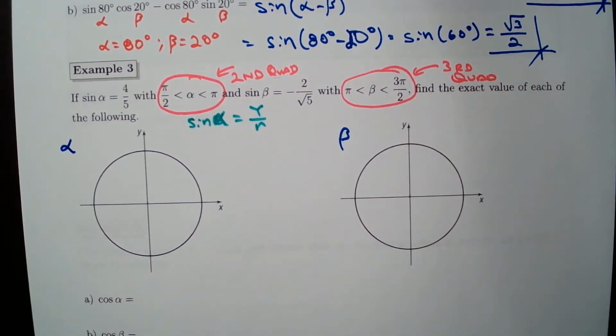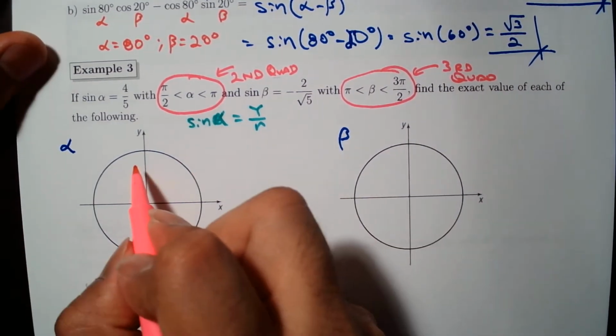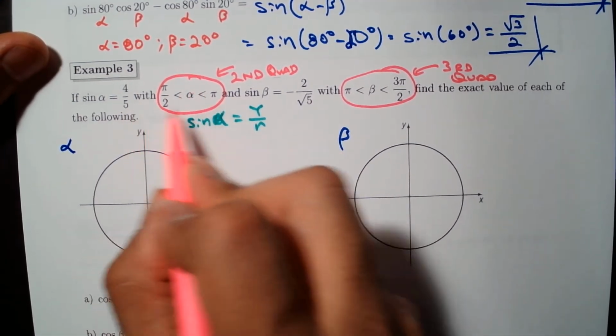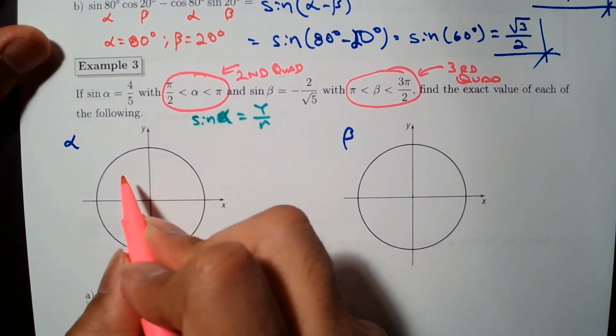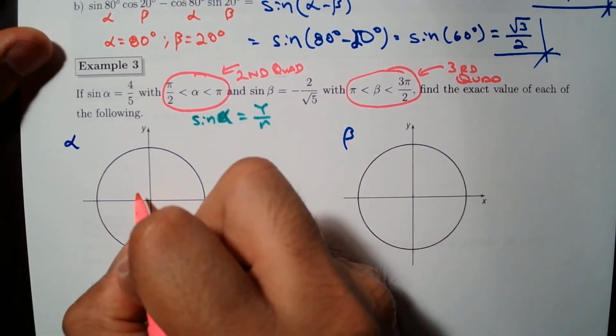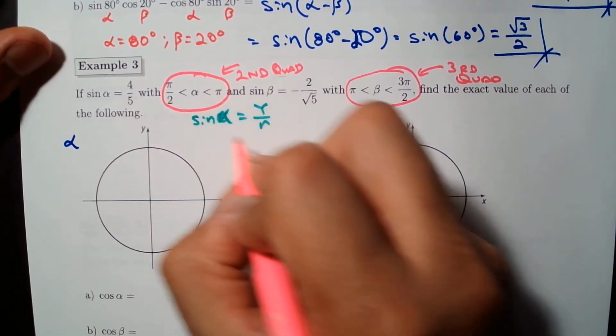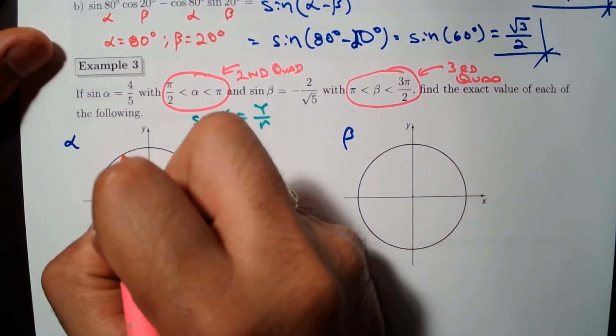So that means we're going to go to, and in this case, what is the sign of cosine? We're going to figure out what cosine is in this quadrant. Well, it's negative, so I'm going to go with y equals 4.